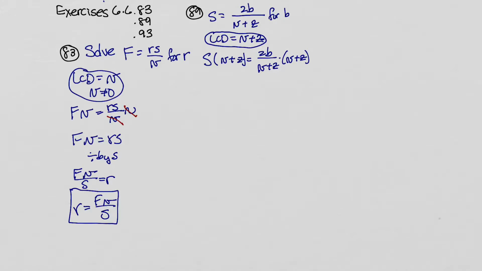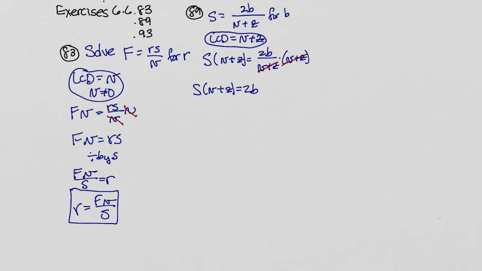Now on the left side, nothing cancels, so I'm just going to keep it as s times v plus z. And on the right side, this v plus z will cancel with that one. Let's indicate that. That one cancels with that one, and we will be left with 2b times 1, or just 2b.